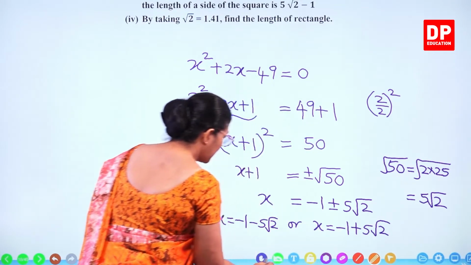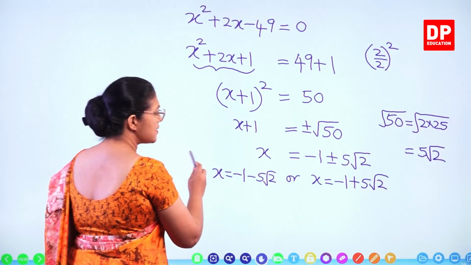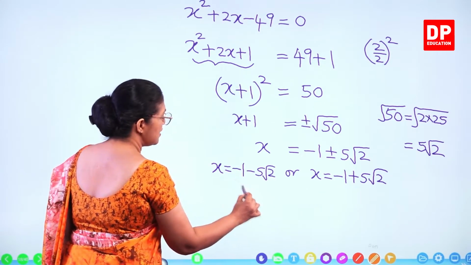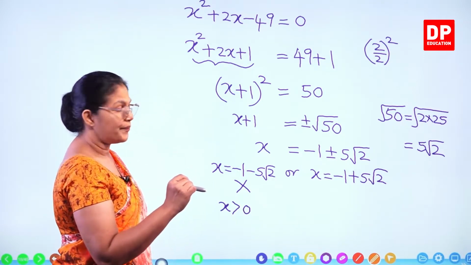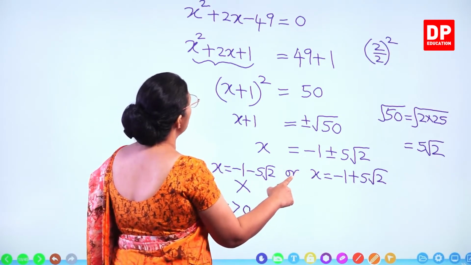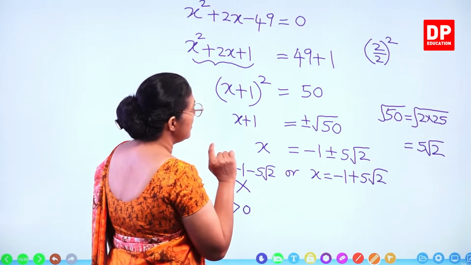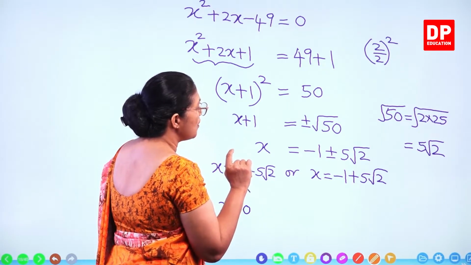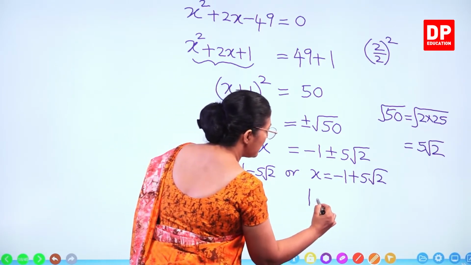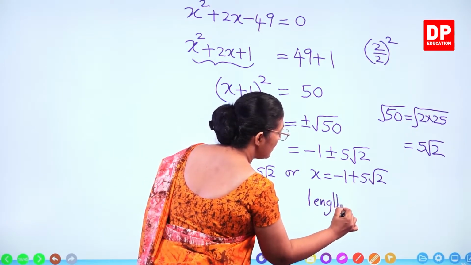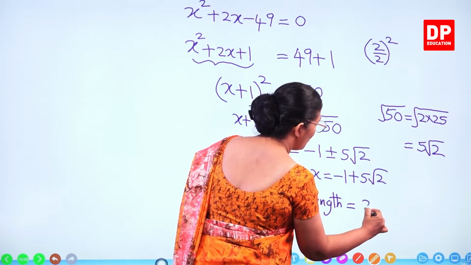x is a length. Can you get a negative answer? You can't get a negative answer because x should be greater than 0. Then you get only one solution. This is x equals minus 1 plus 5 root 2, but we need the length. What is the length? Length is x plus 4.